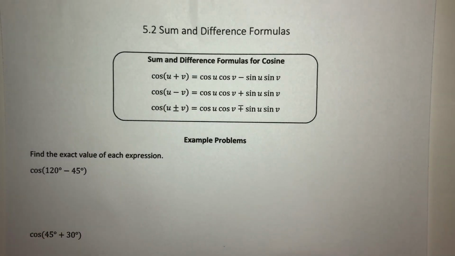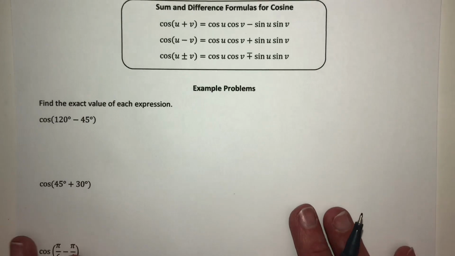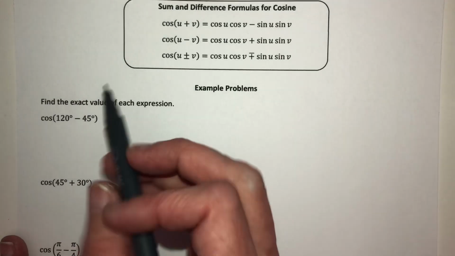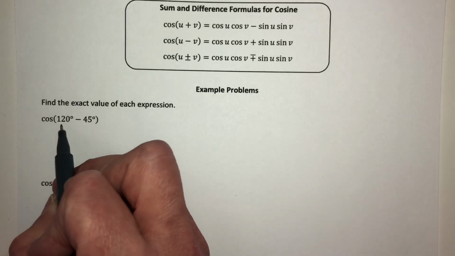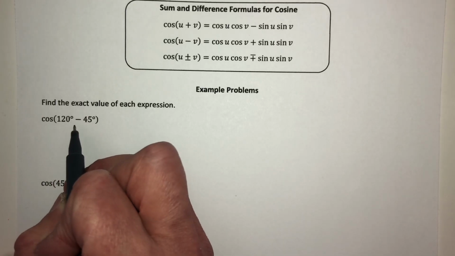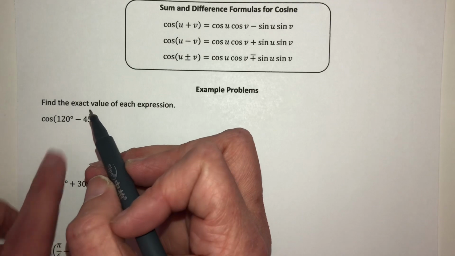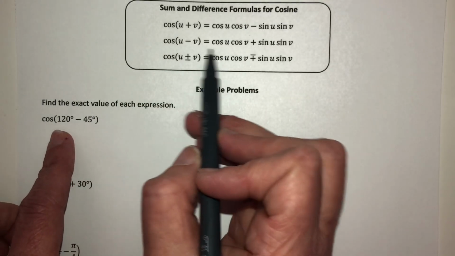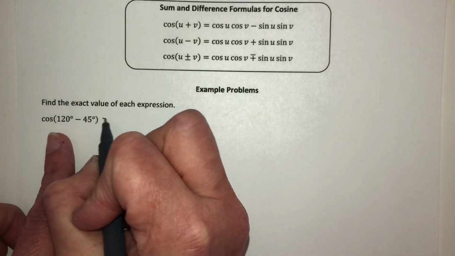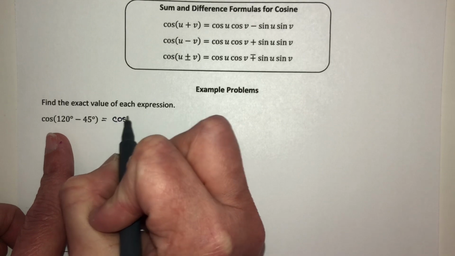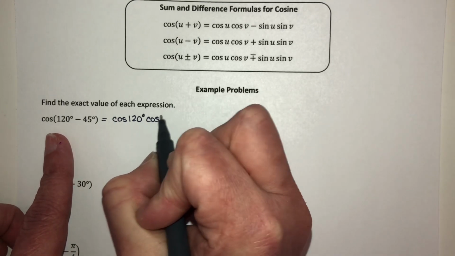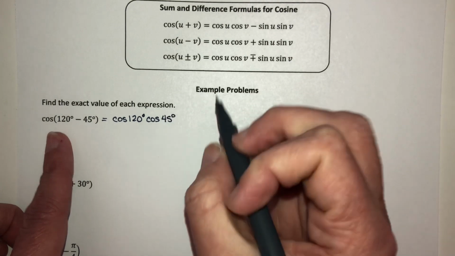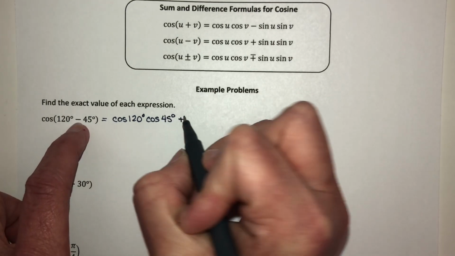Okay, so let's find the exact value of each expression here. So I have cosine of 120 degrees minus 45 degrees. I'm going to use this formula here, and this becomes cosine of 120 degrees times cosine of 45 degrees. This is a minus, so this is a plus.